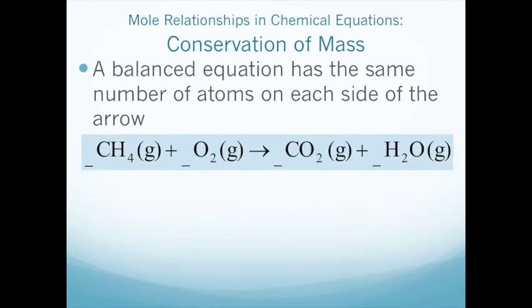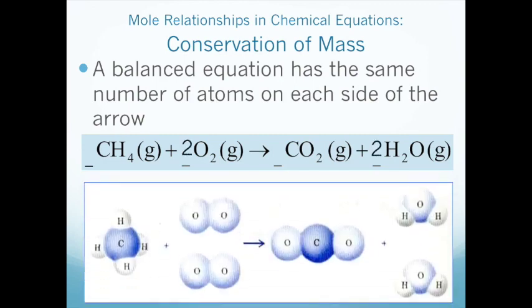Here's a common reaction, the reaction of methane with oxygen to produce carbon dioxide and water. If we balance this properly, it requires two oxygens on the reactant side, and it produces 2 waters on the product side. And this diagram shows that.